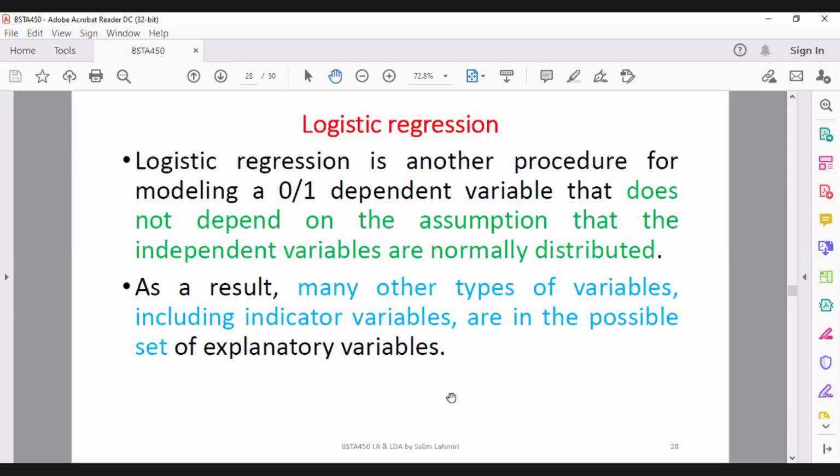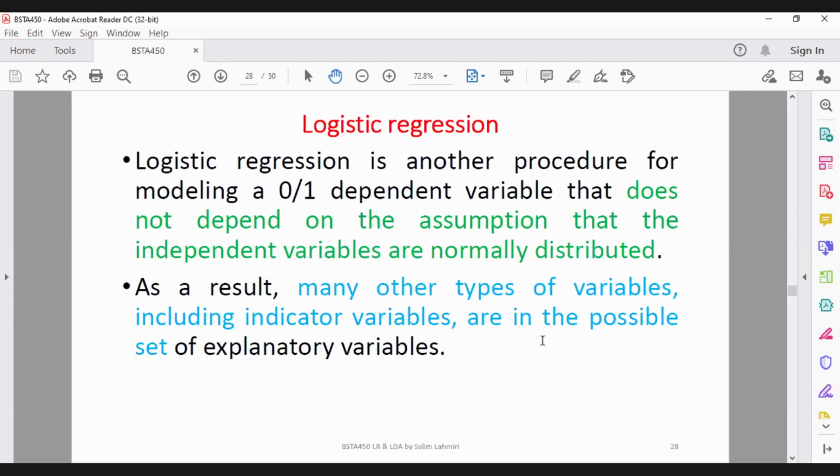So let's look at another example of techniques which is more suitable for binary data, compared to regular regression where y has been transformed. Logistic regression is another procedure for modeling y, where y is binary.